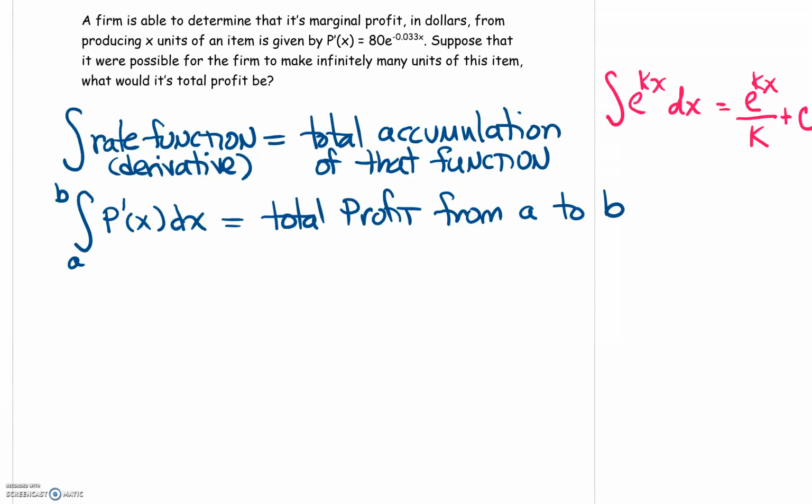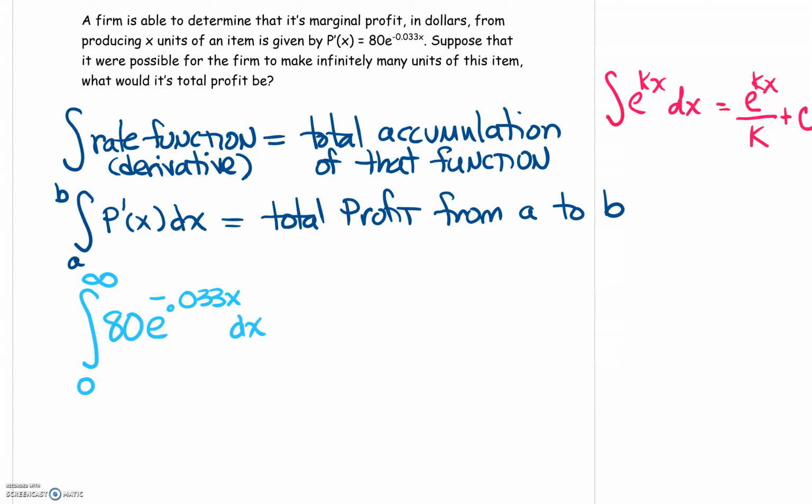Okay, so for us, here's the problem that we need to take a look at. We need to take this marginal profit, and because they're going to make infinitely many units of this item, we're going to need to integrate this from 0 to infinity, this 80 e to the negative 0.033x dx.